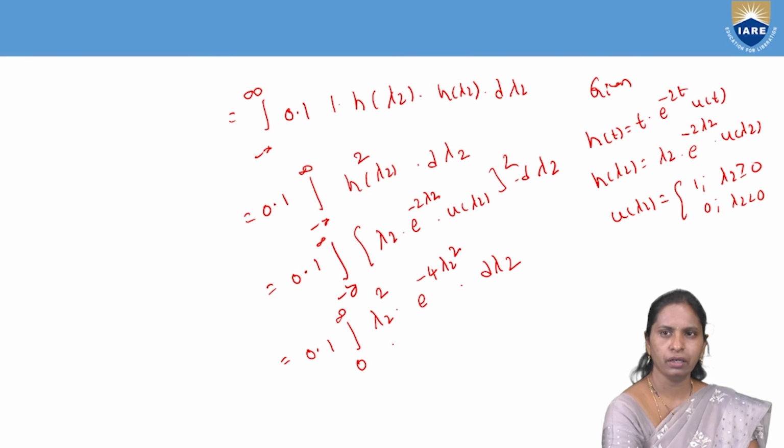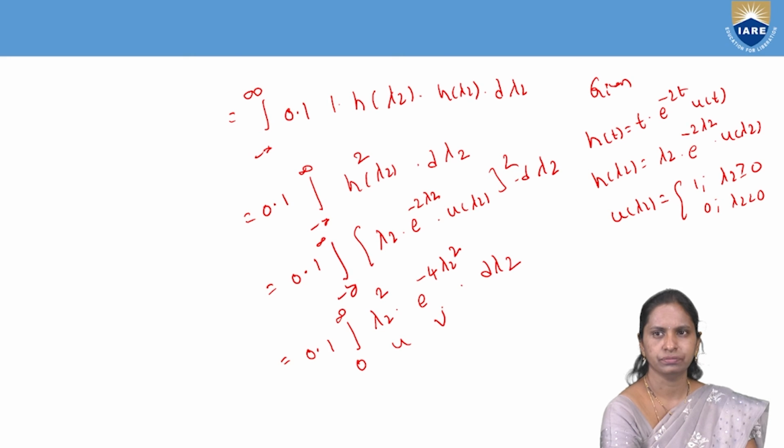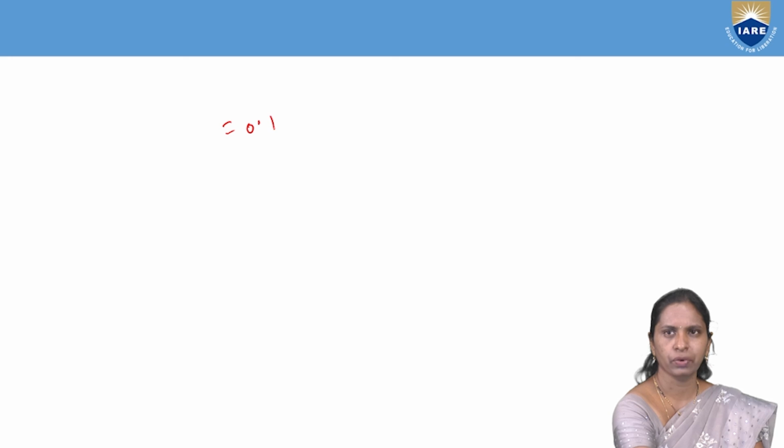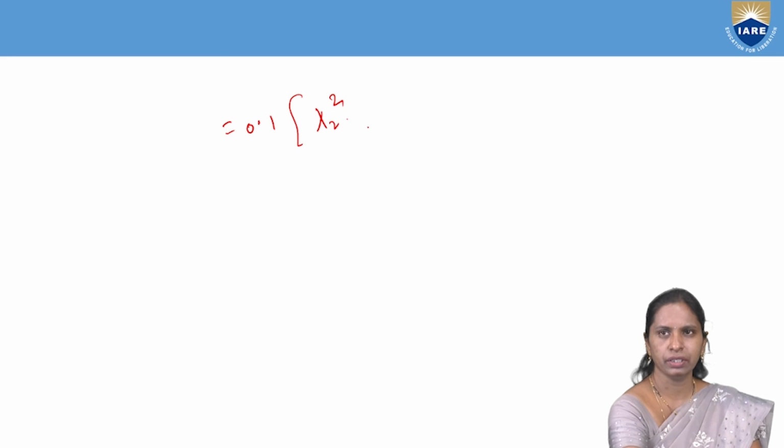Now apply the UV formula. Then what can you obtain? 0.1, integration of UV is U into integration of V. So U is lambda 2 square, into integration of V.